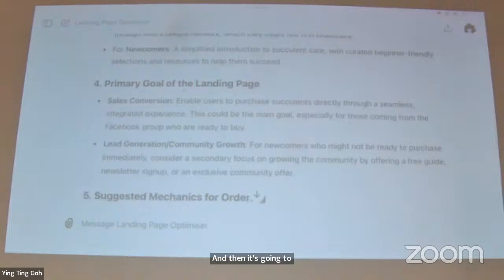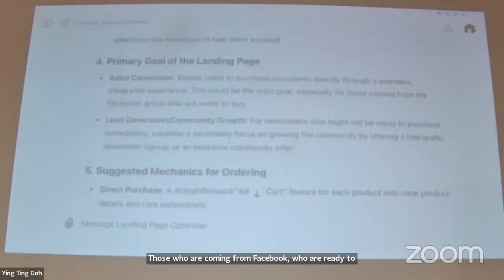It's a sales conversion, to help them purchase succulents directly. So this could be the main goal, especially for those who are coming from Facebook who are ready to buy. And then lead generation or community growth for newcomers who might not be ready to purchase. Secondary focus, like offering a free guide or a newsletter sign up or an exclusive community offer. So I feel like some of these options also came out.